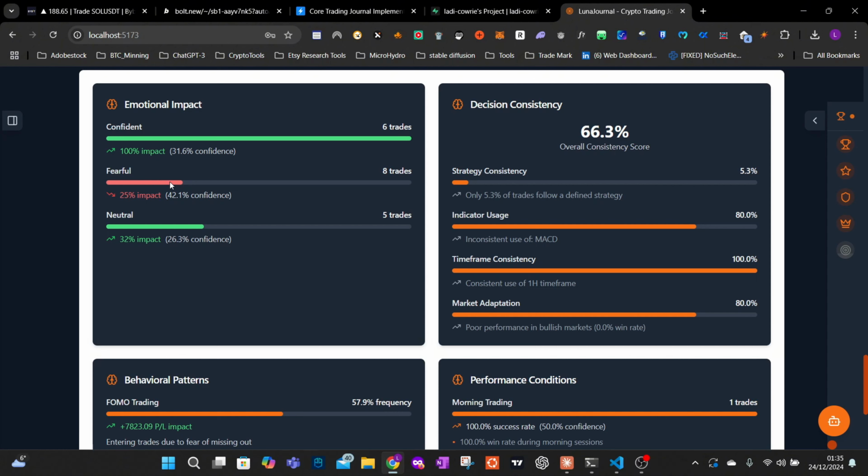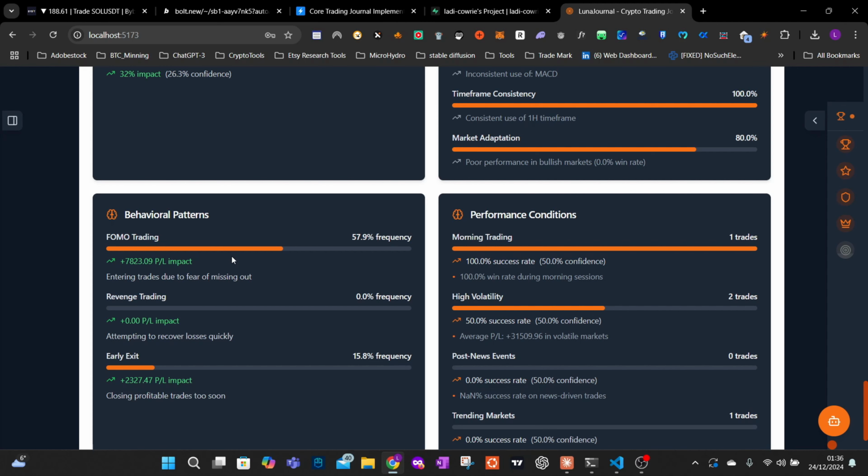Also, overconfidence. If you win back to back and you're just jumping in in no time, it can also infer confidence and overconfidence. For FOMO, this is inferred: it looks at whether the user enters a trade after a significant move up.